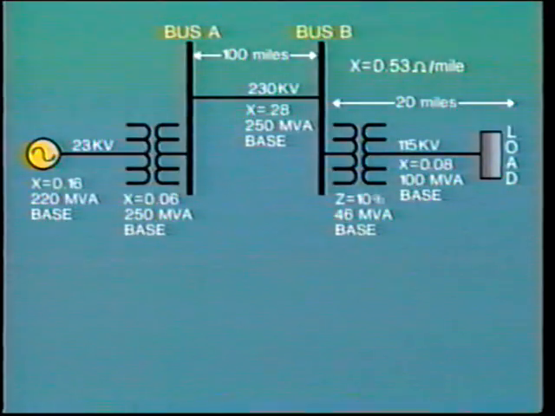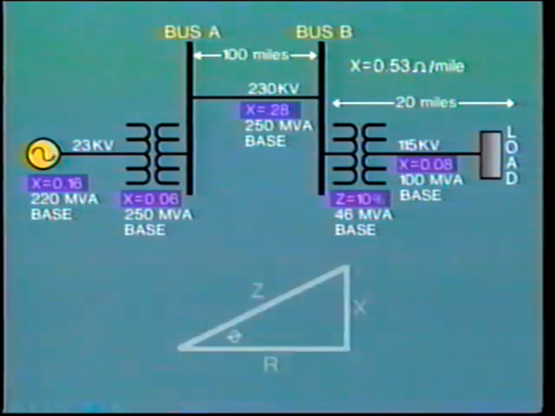In our previous example in the last segment, we added all of the percent impedances together in order to find the total system percentage impedance related to a specific MVA base. However, it is not truly accurate to arithmetically add these impedance values, as each item is probably at a different phase angle. This is caused by the different ratio between ohmic resistance R and inductive reactance X in each element of the circuit.